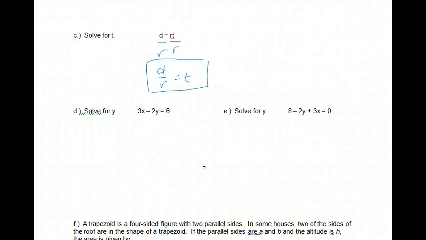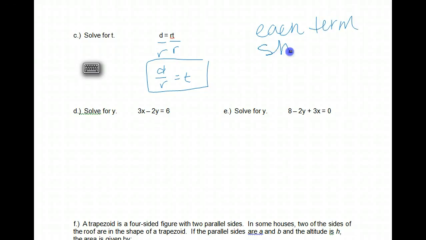What we need to do now is letters D and E. I'll walk you through letter D, and then I would like you to try letter E on your own. Now, as you're working through these literal equations, what I need you to remember is that each term should be treated as if it's just a number, okay?